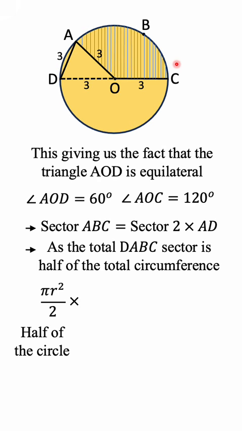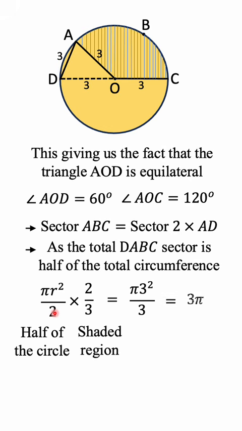Then we multiply that by 2 over 3, which is the fraction of the shaded region, in order to get the area of the shaded region. By substituting the value of R, which is 3 here, and canceling out the 2 in the numerator and the denominator, we get 3 pi.